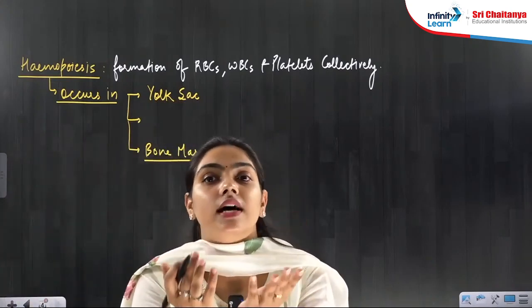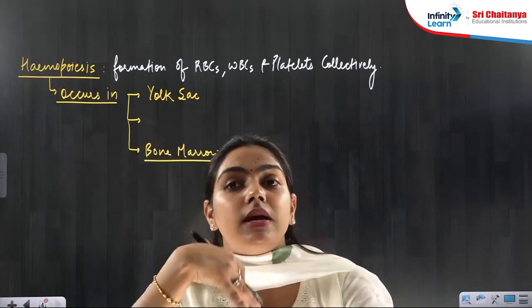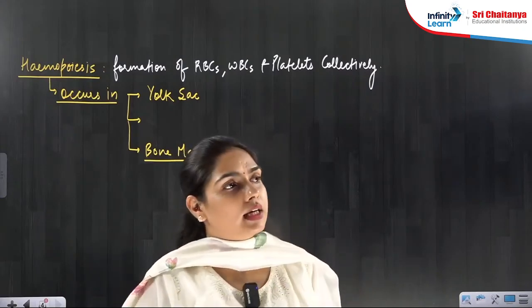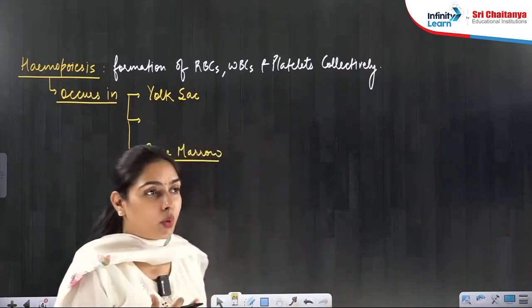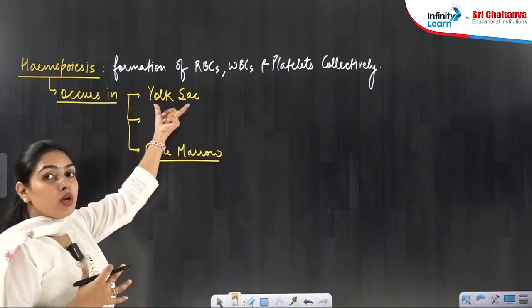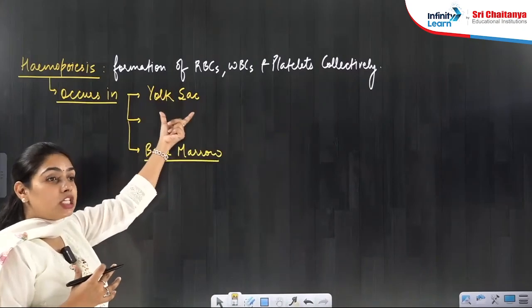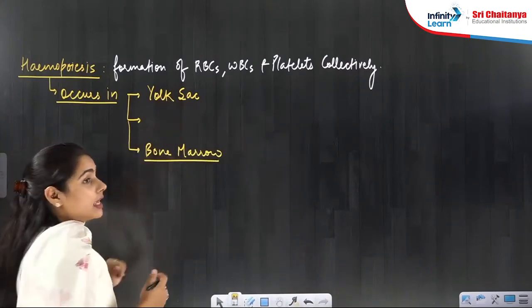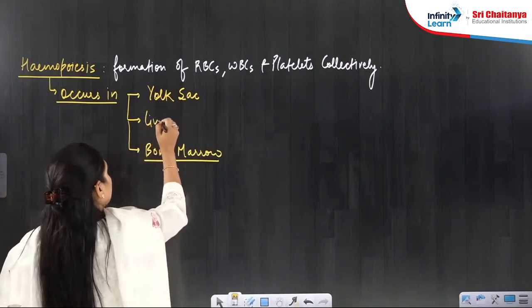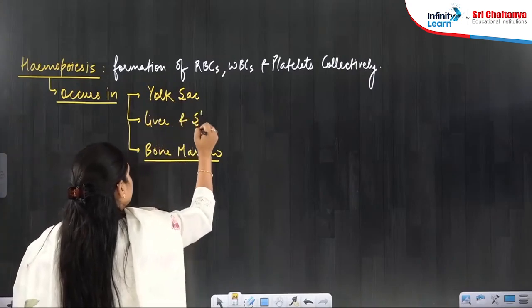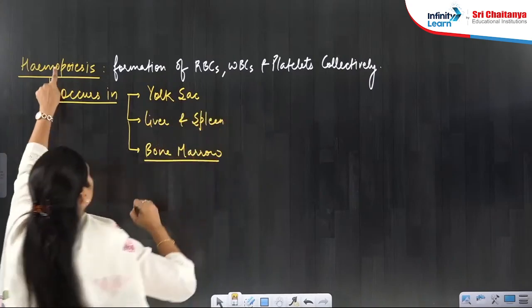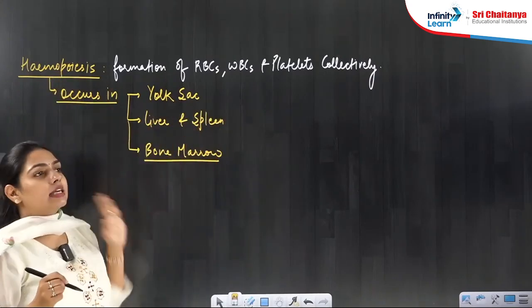But when the human baby is inside the womb of the mother, it is known as an embryo. In the early embryonic stage, there is the yolk sac. Then after the formation of liver and spleen in the embryo, hemopoiesis also occurs in the liver and spleen.